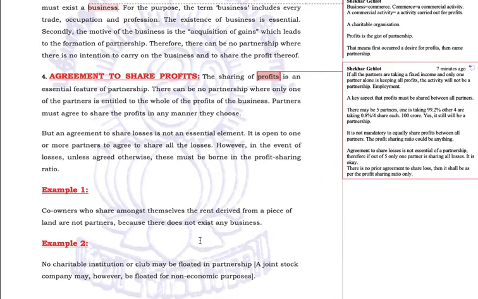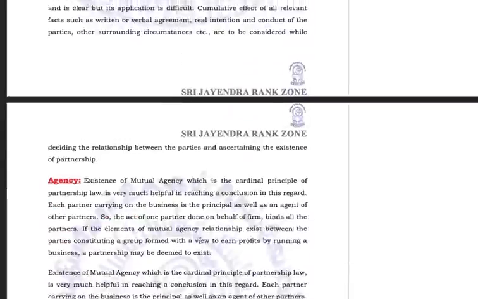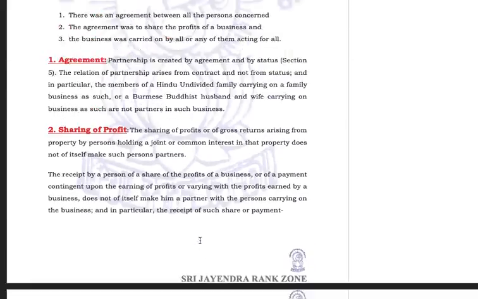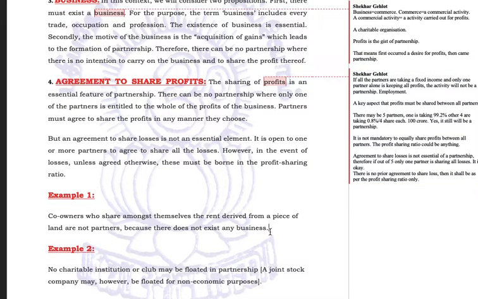Let's do the example. Co-owners who share among themselves the rent derived from a piece of land are not partners because there does not exist any partnership business. A has a commercial building.